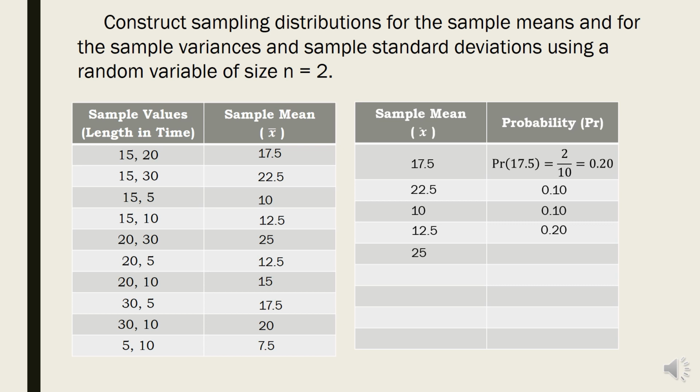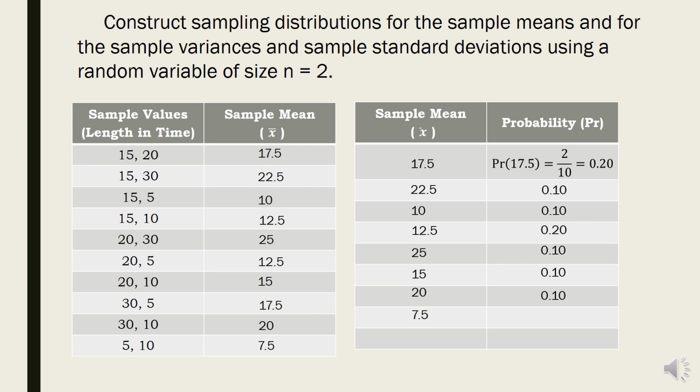Next, 25, there is only one. So 1 out of 10 or 0.10. Next, we have 15. There's only 1, so 1 out of 10 or 0.10. Next, we have 20. There is only 1 out of 10, so 0.10 or 10%.